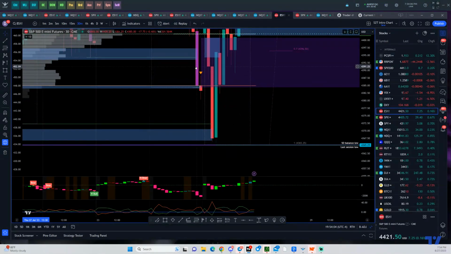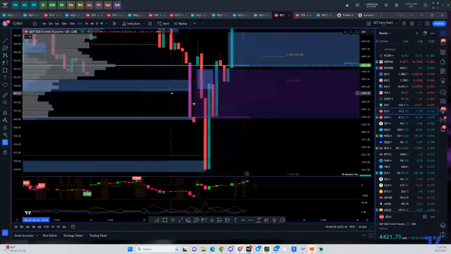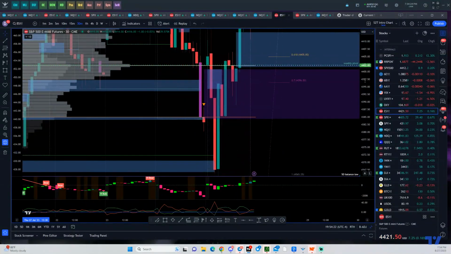If you take a look at the delta here, how low it was, and on Friday we were all the way up here. On Thursday we were higher in price, but the delta was very poor in comparison to Friday. But anyways, not here to talk to you about delta.